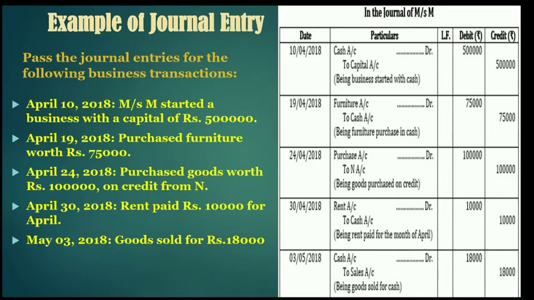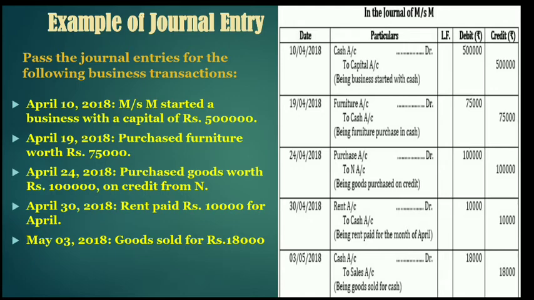Then we go to the next, April 24, 2018, purchased goods worth rupees 1 lakh on credit from N. It is not mentioned what you have purchased, it is written purchase goods, so you can write purchase account debited.